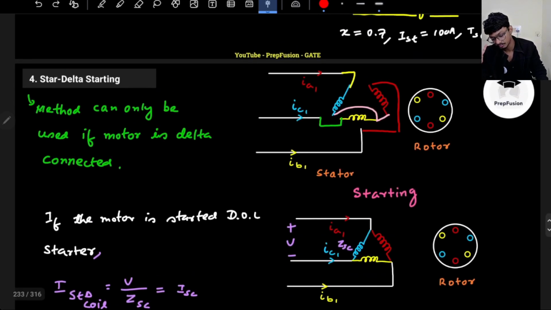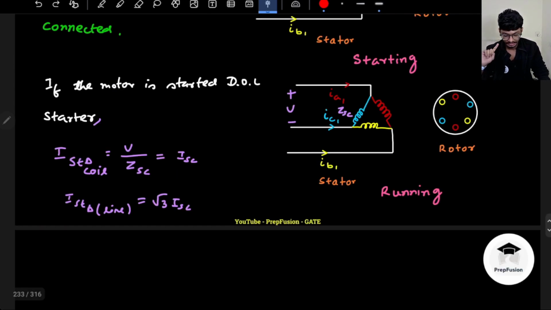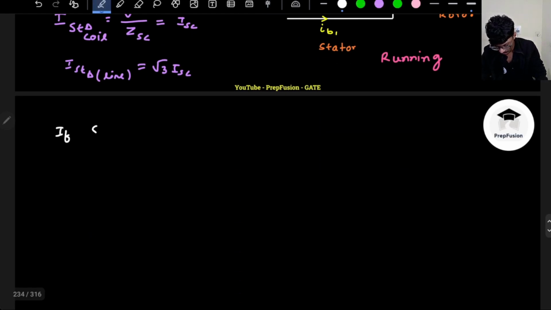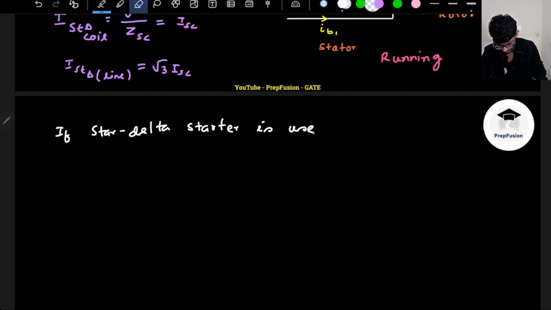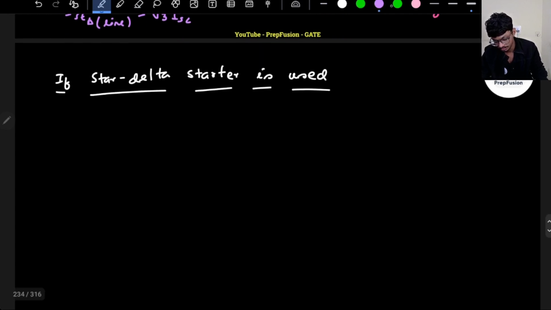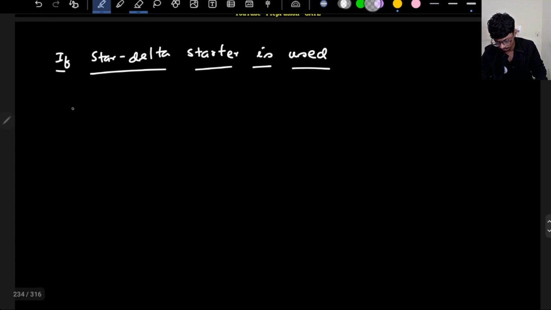If I would have started with a star connection, that is, if a star delta starter is used, then I will just redraw the coils diagram, which will be easier to understand. I am just rearranging the wire connections to make it star connected.